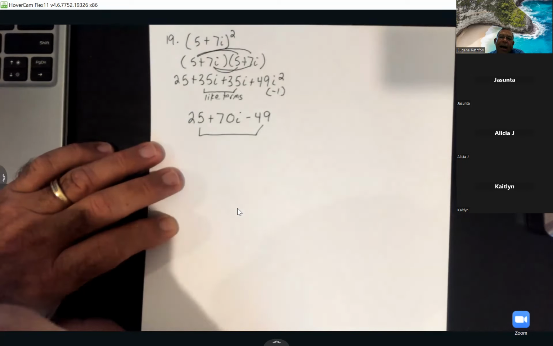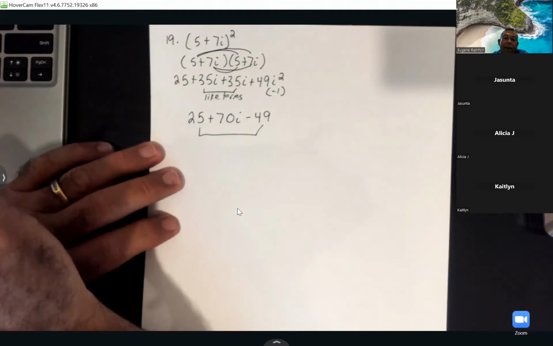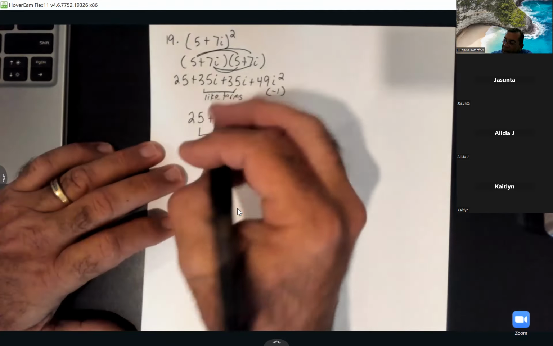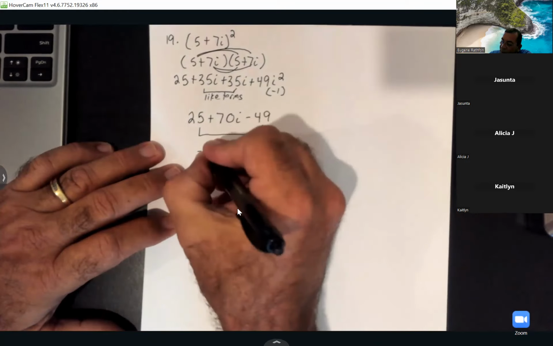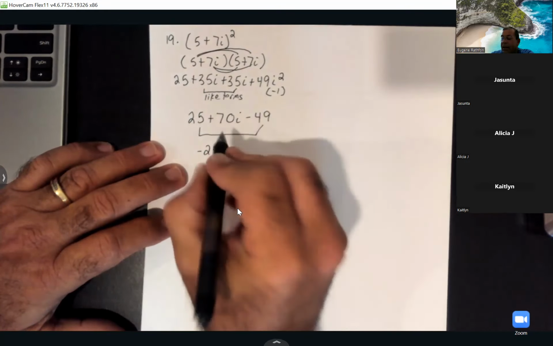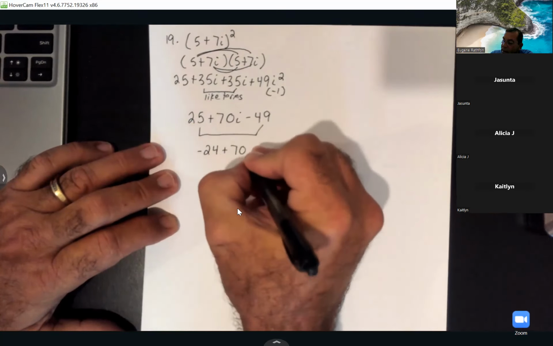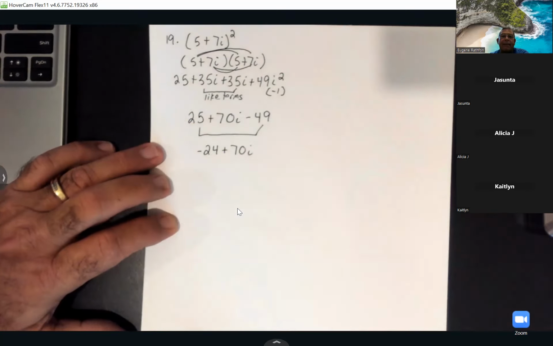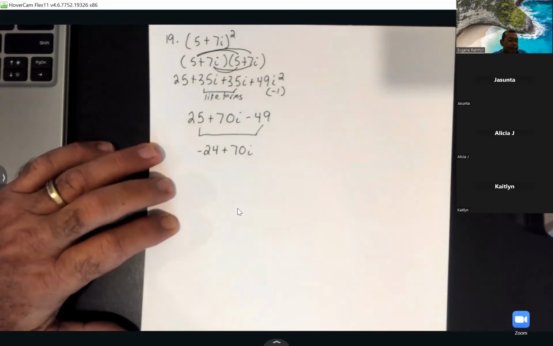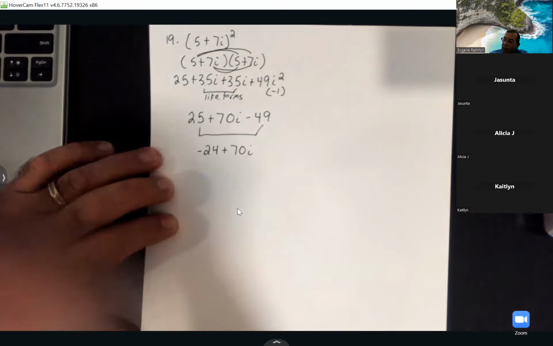So let's see, 25 added to a negative 49. Oh, what's that going to give me? A negative 24. And then bring down your positive 70i. Okay, y'all, so they're not bad.